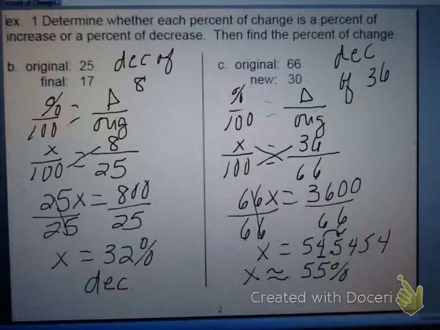But what if the direction said round to the nearest tenth? Then we would underline the 5 and look at the 4, and the 4 tells us to round down, so it would be 54.5%. So usually the directions will tell you. If the directions do not tell you, you can make that decision on your own, but make sure you read the directions.